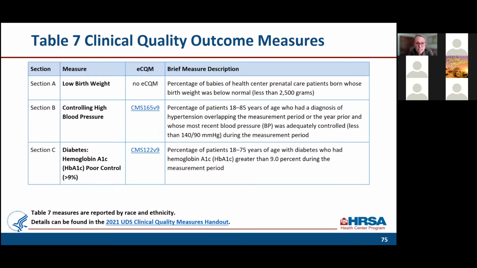But section B of table 7 is controlling high blood pressure, which measures the percentage of patients 18 to 85 years of age who had a diagnosis of hypertension overlapping the measurement period or the year prior, whose most recent blood pressure was adequately controlled, or less than 140/90, during the measurement period.